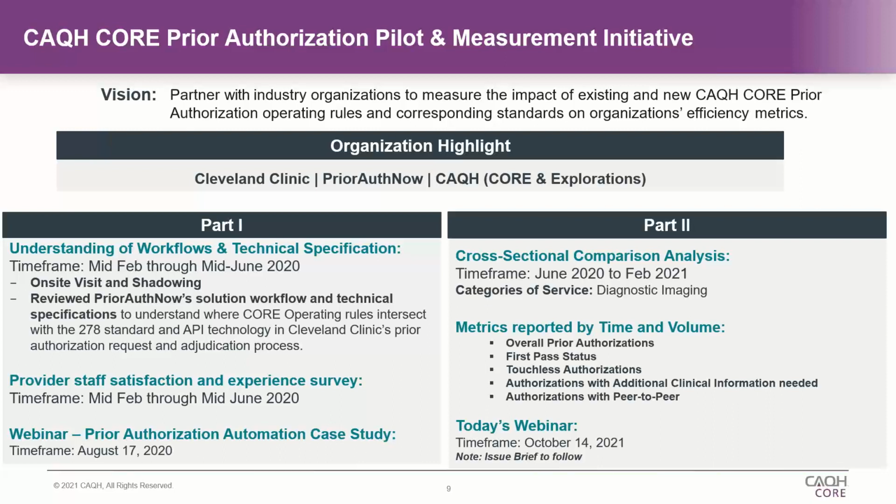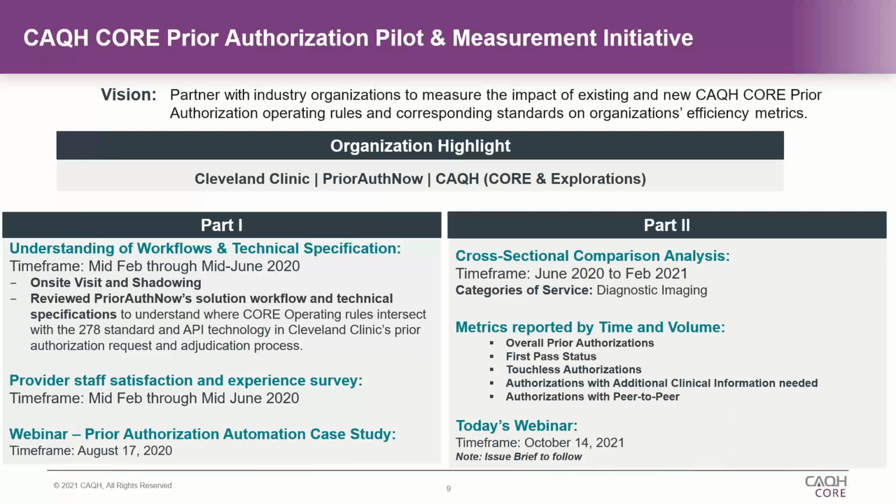And also one that is always near and dear to many providers' hearts is when PAs escalate to a peer-to-peer review with an expert at the health plan, and you have to conduct that peer-to-peer review. Are there, in this particular use case, findings or savings or more efficiencies because of that integration and a more automated way of doing it?